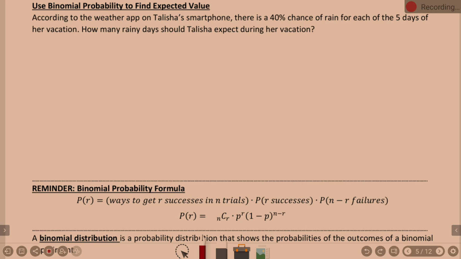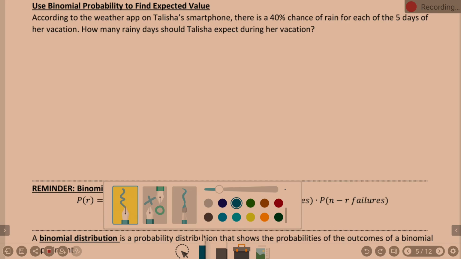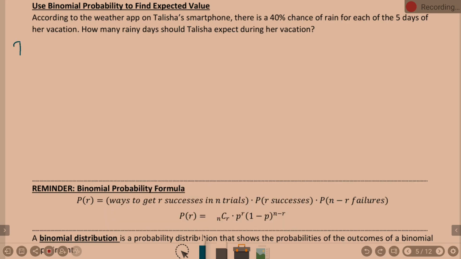Now, in order to do this, we have to look at the probability for each of the 5 days. So the probability that it rains 0 days, 1 day, 2 days, 3 days, 4 days, 5 days. So let's start with the probability of 0.